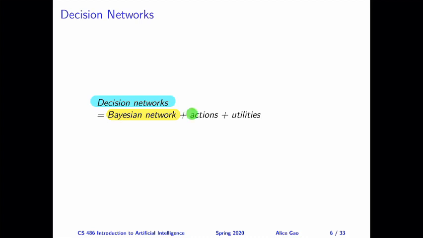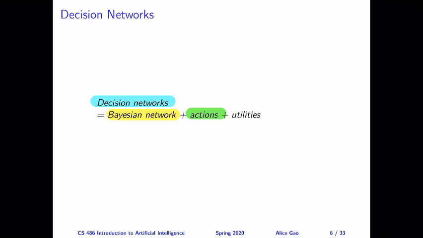One component we add are nodes representing actions, right? Because now we have to estimate if we do a certain thing, what are its consequences? How does a particular action affect our happiness? So we need to be able to represent the action and also the relationship of the action to all the other nodes.